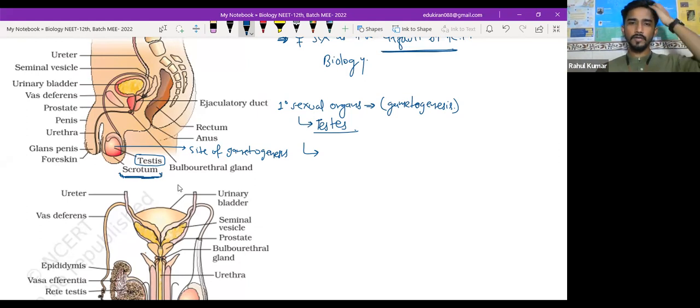Slightly before the birth or at the time of birth, these testes descend down into the scrotum. Is it clear, Nora and Asha and Namira?